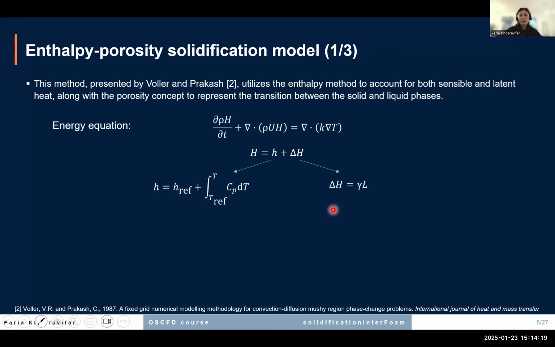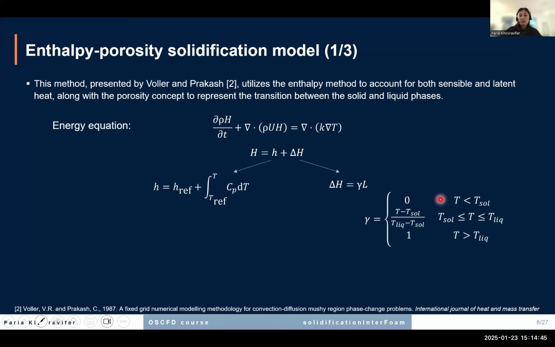In the latent enthalpy, L refers to latent heat, and gamma refers to the volume fraction of the liquid when we have only solid and liquid. We're not considering the gas phase in this case.